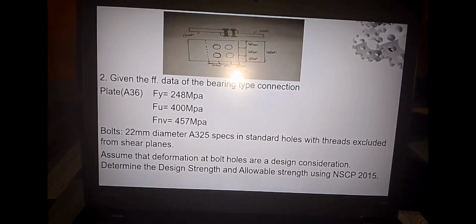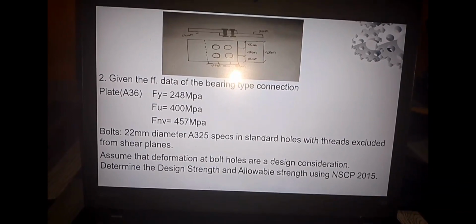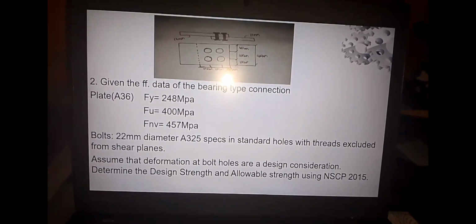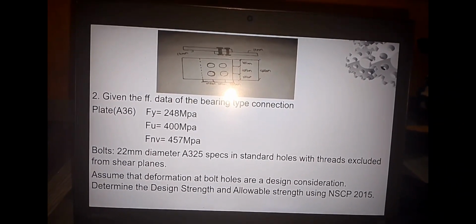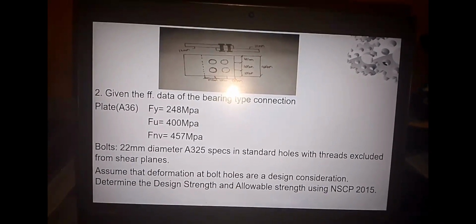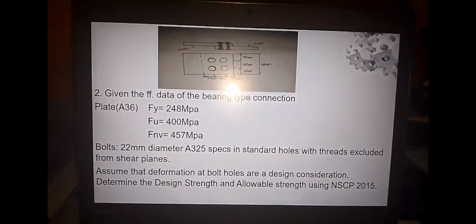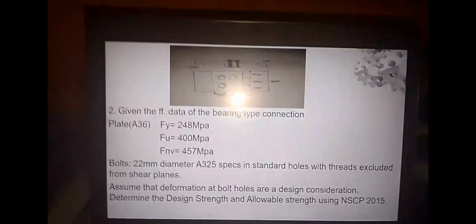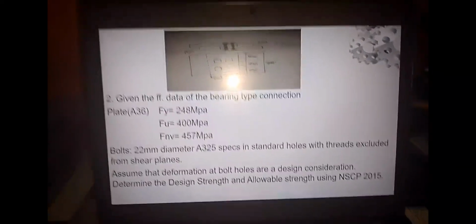Determine the design strength and allowable strength using NSCP 2015. From the illustration, this is a bearing type connection. When we say design strength, it is in LRFD, and allowable strength is in ASD.